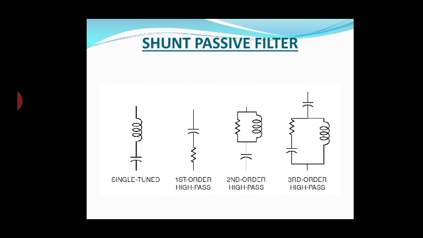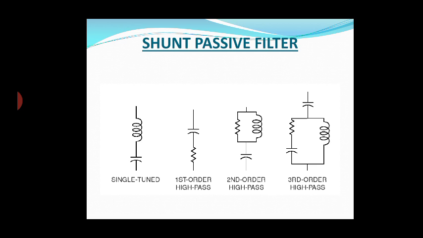The difference between the third order high pass filter and the second order high pass filter is that the third order high pass filter has less power loss. In the first order high pass filter we are not connecting any inductor, we are just connecting one capacitor with a resistor.